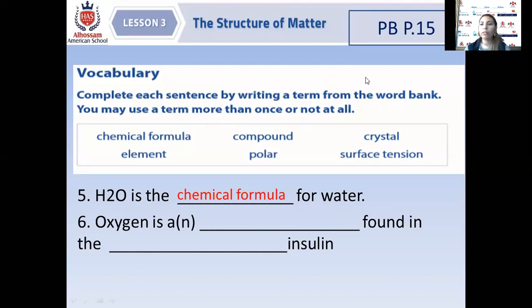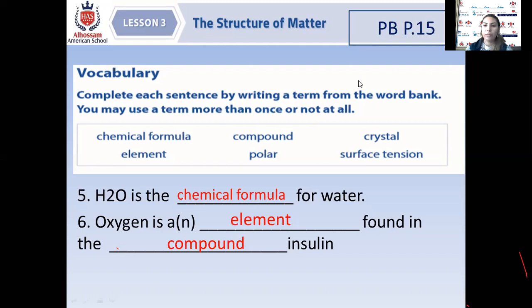Well done. Insulin is a compound formed from different elements, and one of these elements is oxygen.